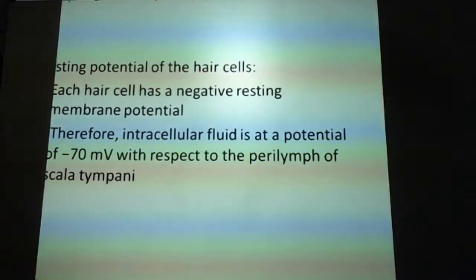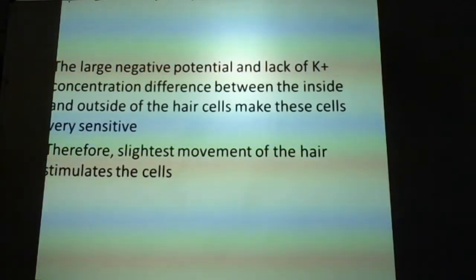It is this potential difference that makes the hair cells very sensitive. The hair cell has a negative resting potential with respect to the perilymph of the scala tympani, and the lack of potassium concentration difference between inside and outside makes the hair cells very sensitive.